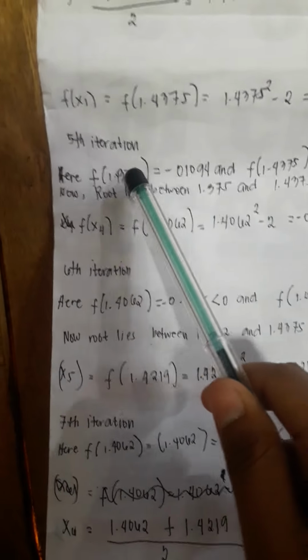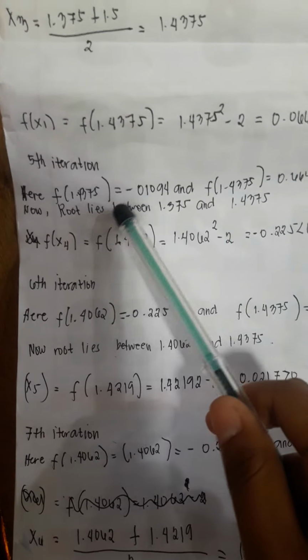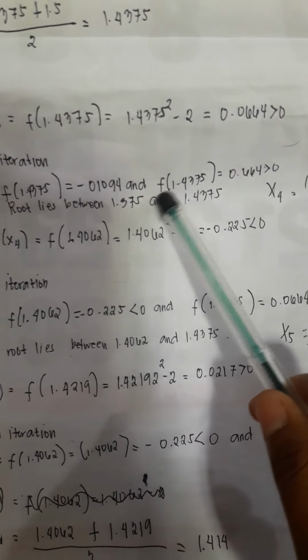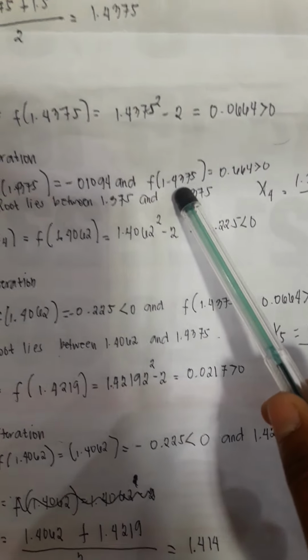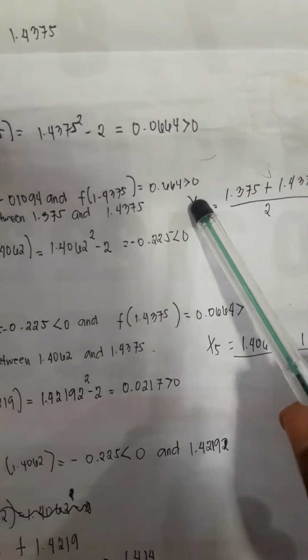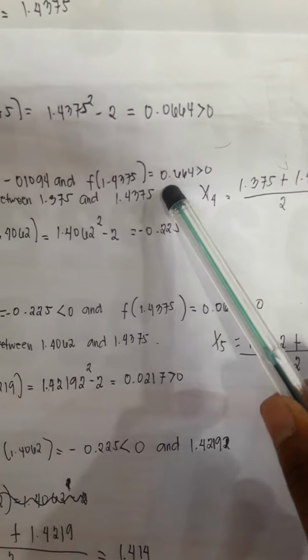Our fifth iteration: f of 1.375 equals negative 0.094, and f of 1.4375 equals 0.0664, which is greater than 0.